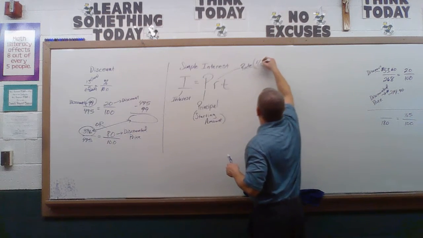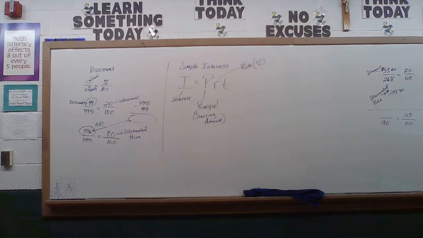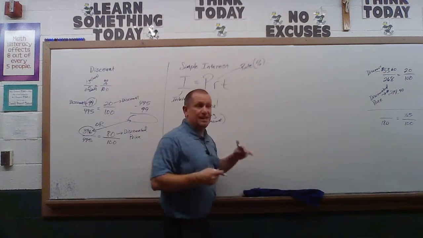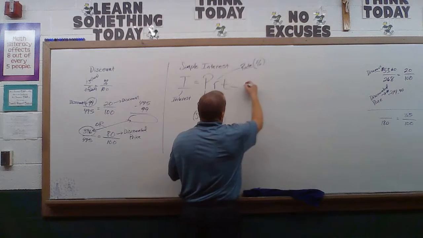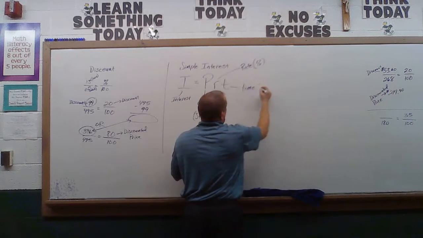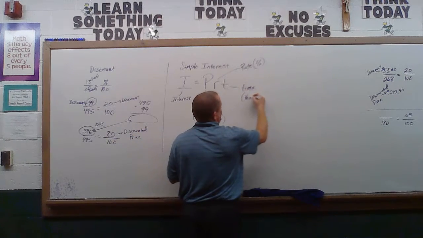This is going to be a percent. Okay? How do I take a percent and turn it into a decimal? Move the decimal to the left. Okay? That's why this is in this. And what's T? Time. When you do I equals PRT, time is in years.